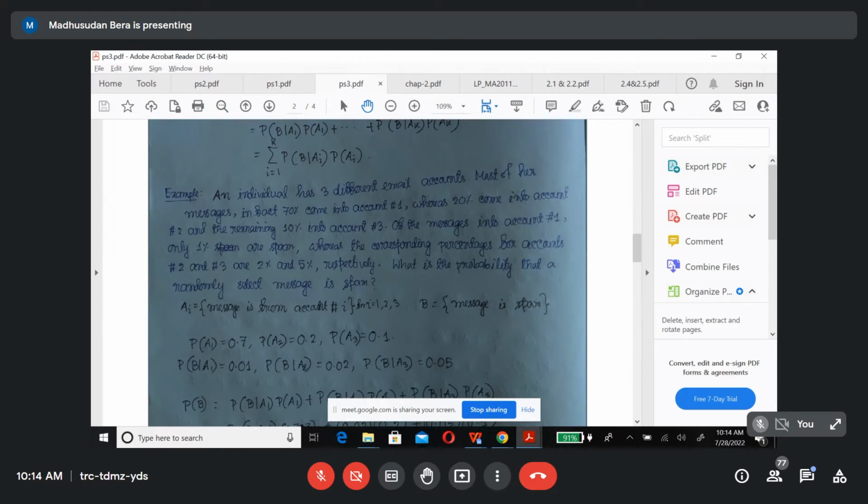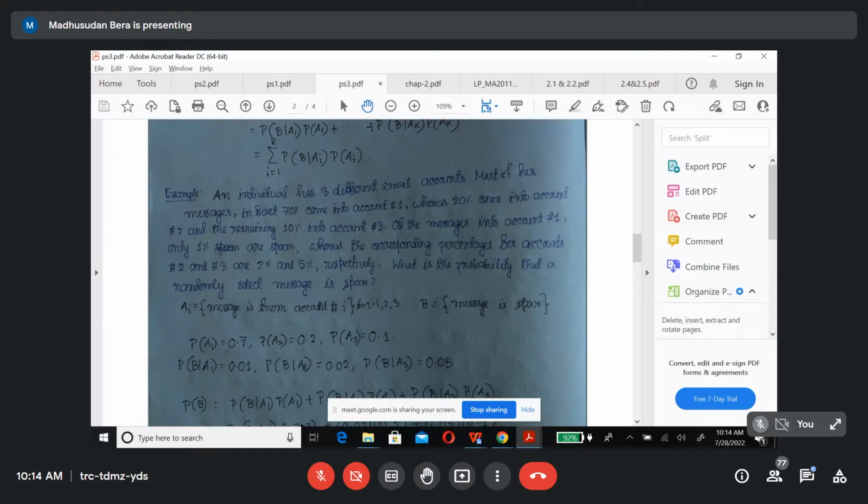Now see, there are 3 different email accounts: 70% of messages come into account 1, 20% into account 2, and 10% into account 3. So are they mutually disjoint or not? Of course, if a mail comes into account 1, it cannot come into account 2 and 3.